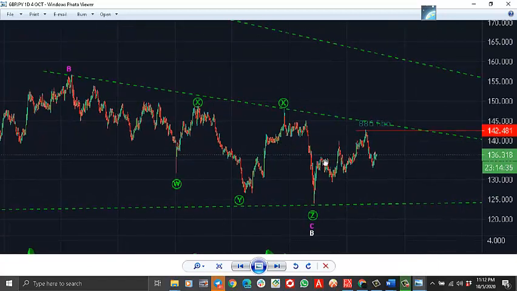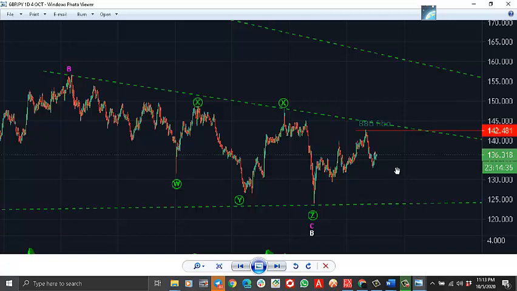See the move. This is W, X, Y, X, Z. It's a 5 swing structure: 1, 2, 3, 4, 5, and that is a bounce. So it shows that the price has ended from here. So now, what am I going to do? What you try to do is find your entry to buy GBPJPY.